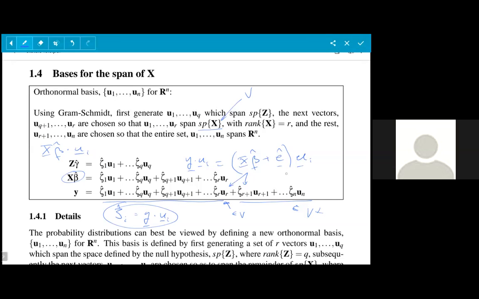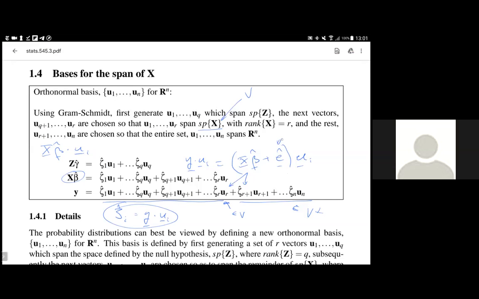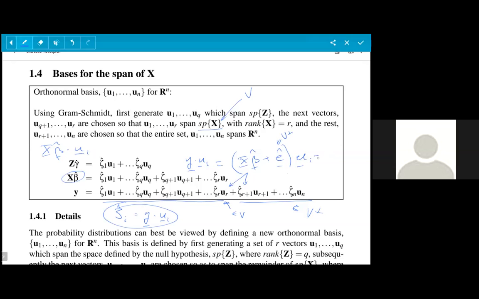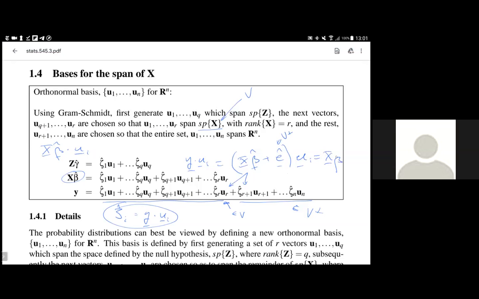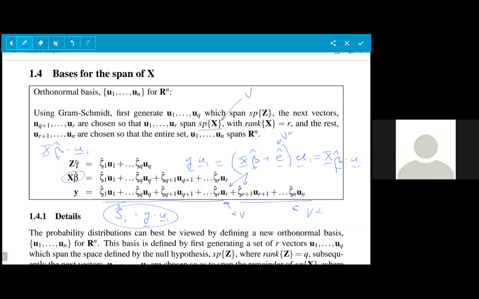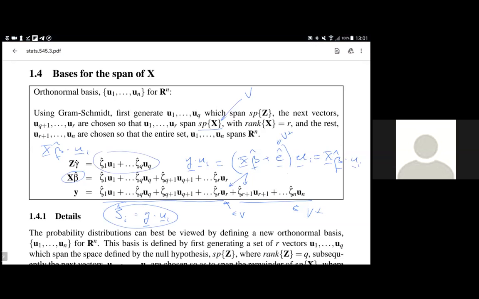And now this one here is in the perpendicular space, remember? So this is in the perp. So this is the same as X beta hat inner product UI. So we get the same coefficient for these U's for X beta hat as we get for the Y's up to that point, and exactly the same logic applies to C gamma hat.